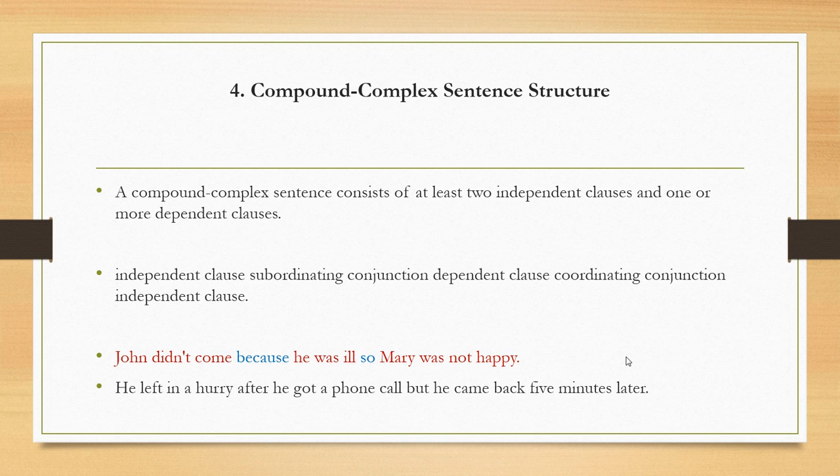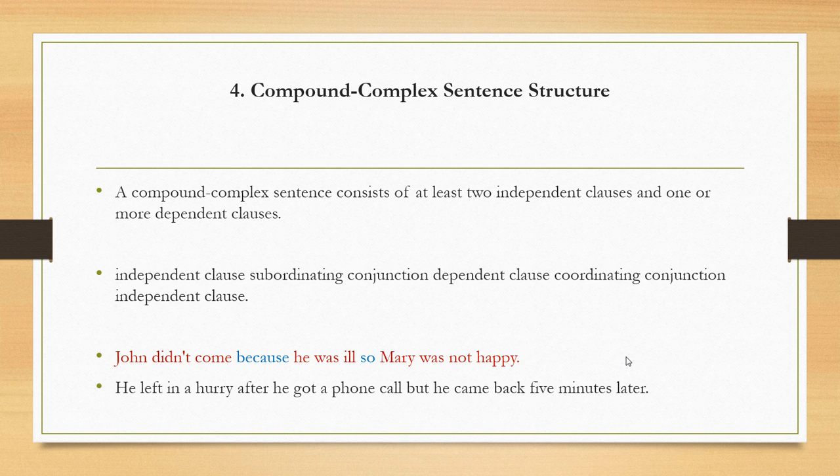John didn't come. It's an independent clause because it's expressing a complete thought. Because he was ill. We have already learned that because is a subordinating conjunction. So, Mary was not happy.